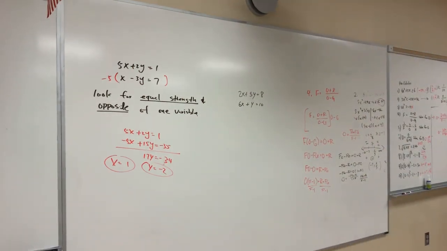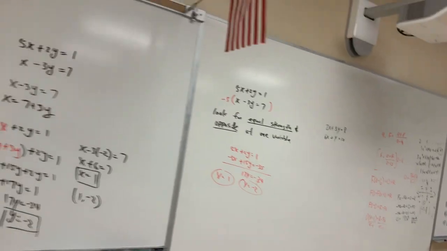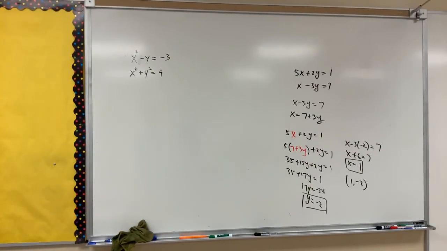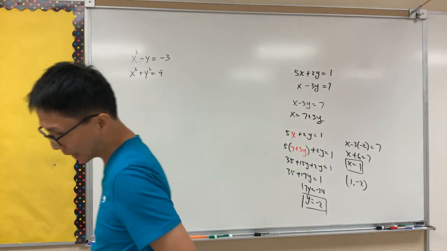So can you solve that system with 2 different ways? And then you can look at those who are bored. You can solve this system, which is a higher level system, which is x squared minus y.